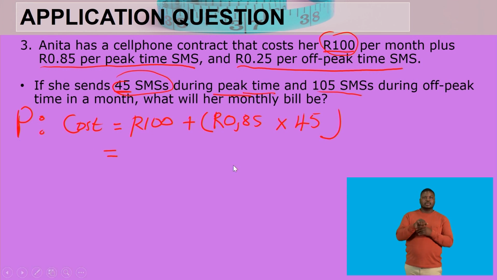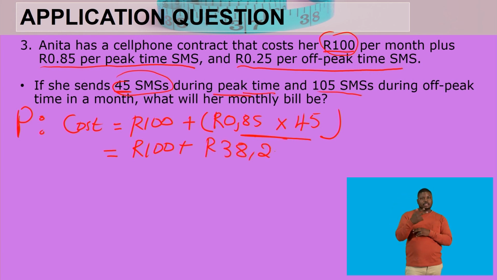Then we can start with our calculations. We first start with what is in the brackets, then we add. We're using the BODMAS rule. So 85 cents multiplied by 45 gives us 38 Rand 25 cents.